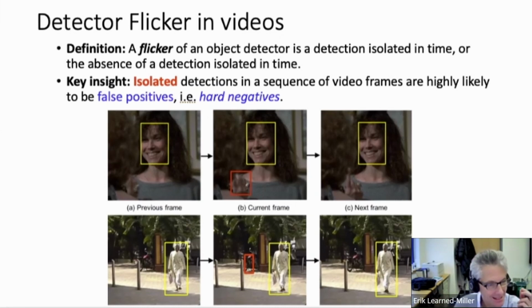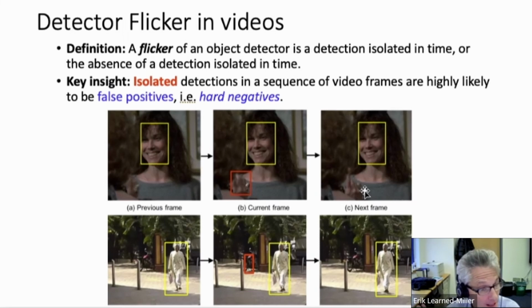If you analyze a sequence of frames like the frames shown here, you can see the face is consistently detected, but the red box shows up out of nowhere. So the idea is that if something shows up in one frame and one frame only, which is what we call a flicker, it's probably not a real face.